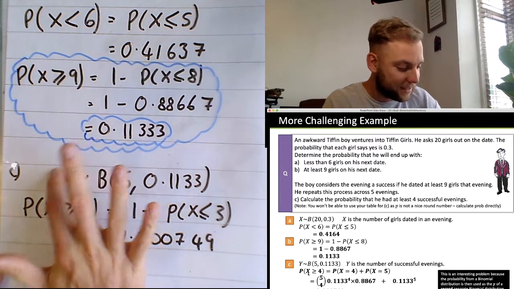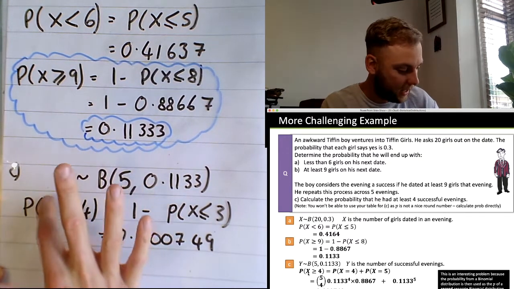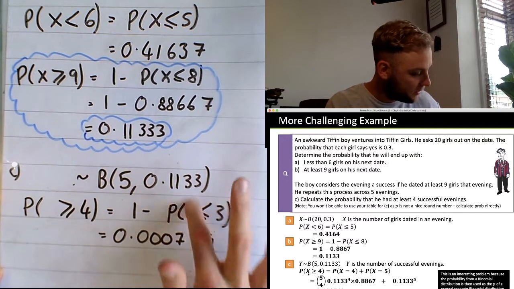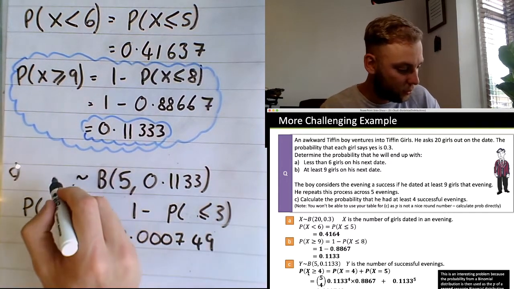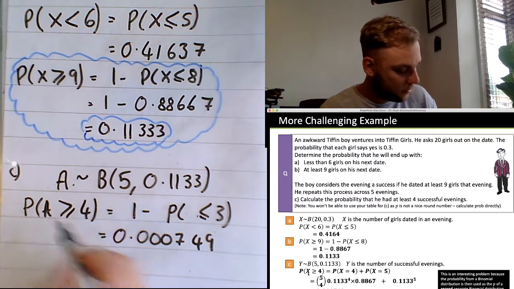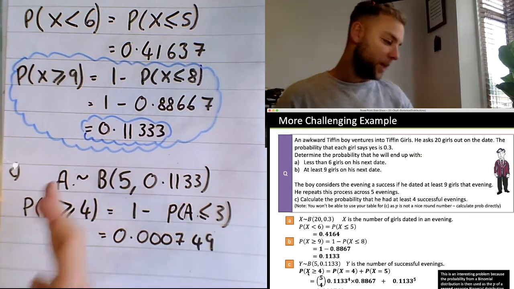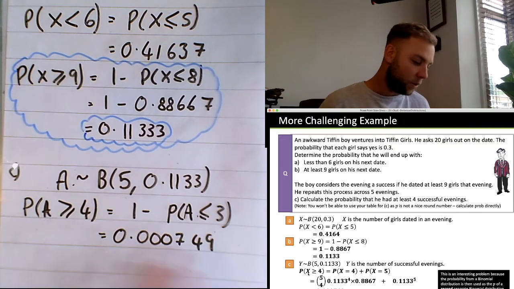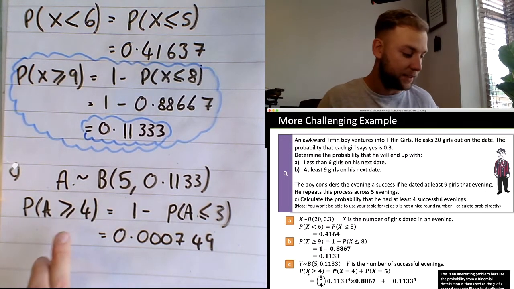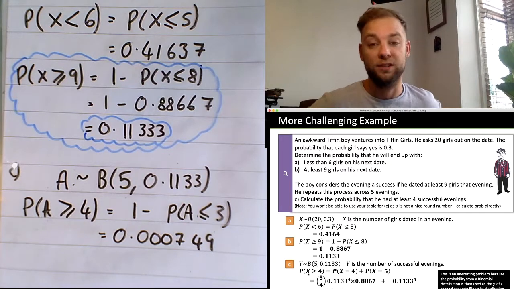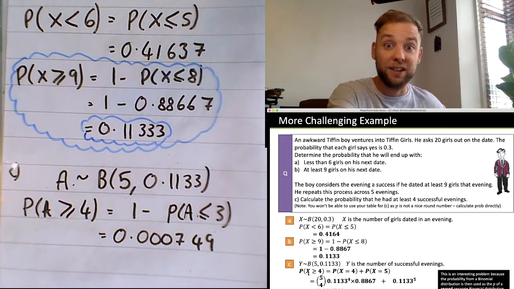So I should have this as a different distribution really. Let's call them A for Adams, you could call it y, whatever you want. So my random variable A is this, and then what's the probability of A happening? What's the probability of me having at least 4 successful nights? Okay, good question. I like that one.